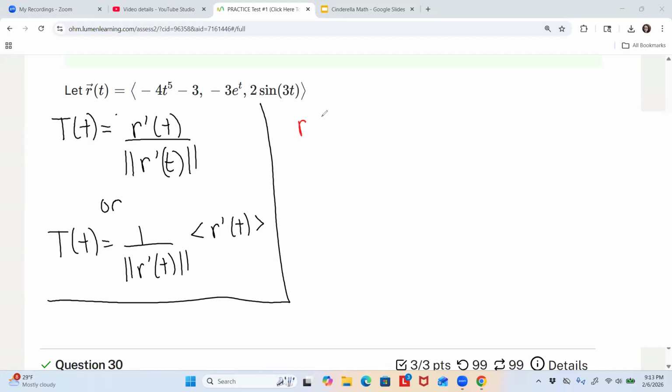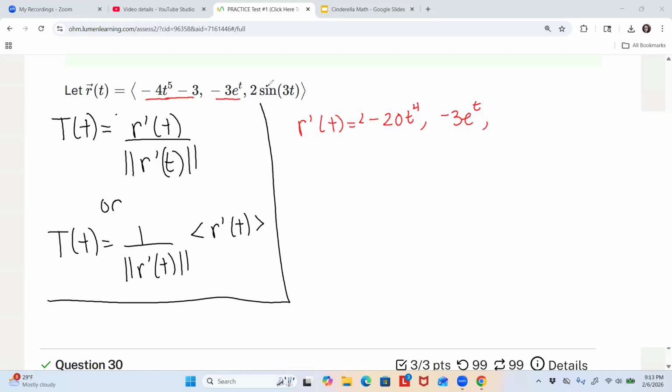Let's do that. Let's take the derivative of our given. First component, the derivative would be negative 20t to the fourth, and then the derivative of negative 3 would just be nothing. Second component would be negative 3e to the t times 1, because technically we're supposed to times the derivative of the power, but times 1 is not going to make a difference.